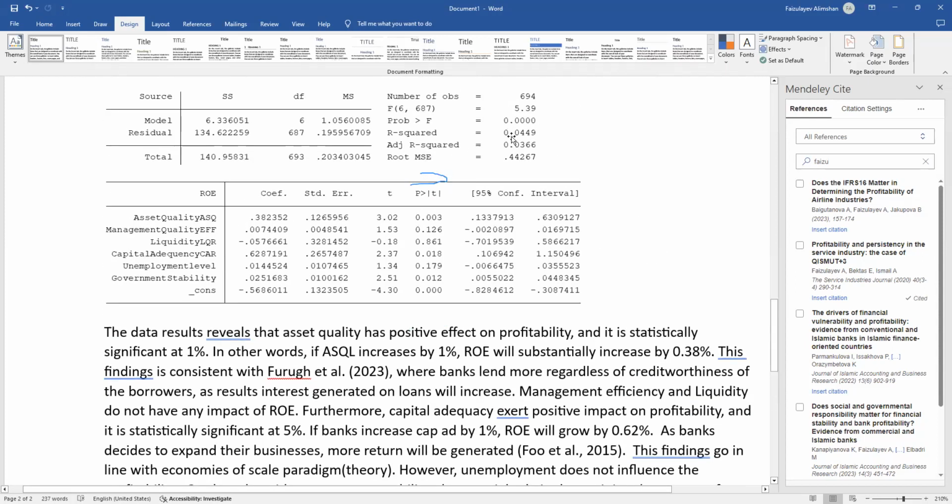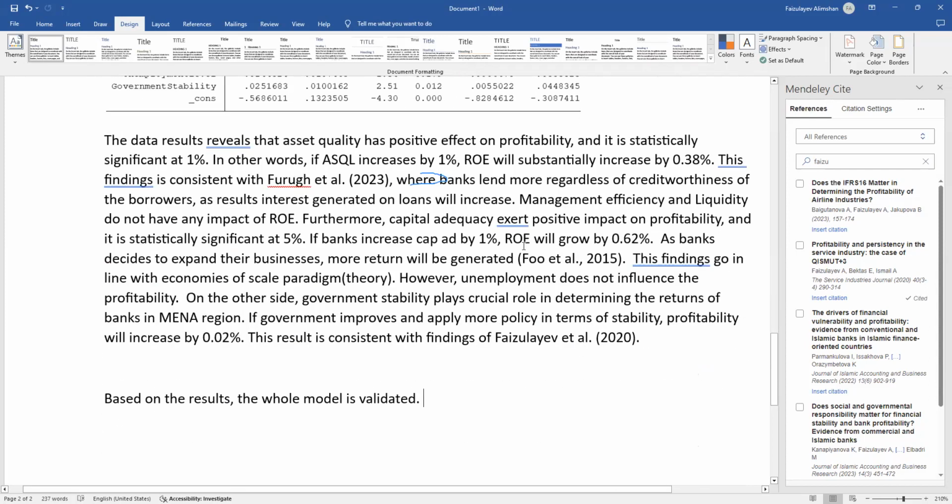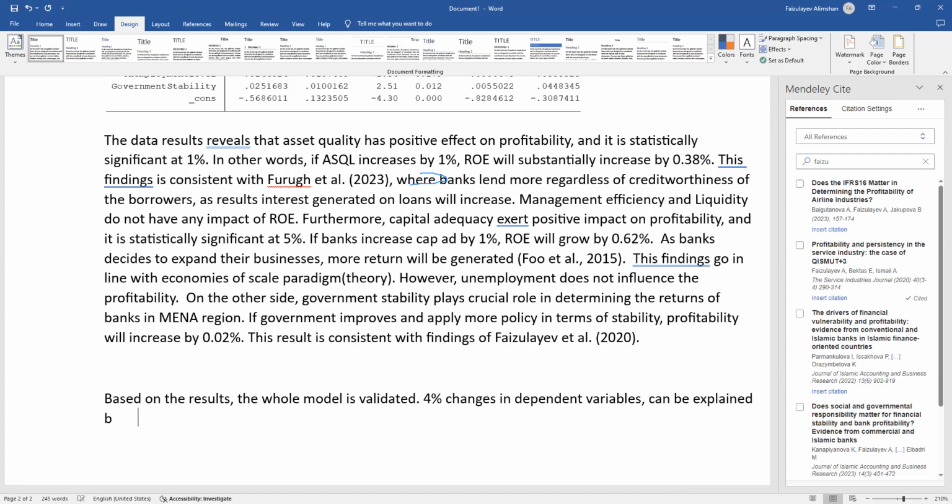And R square, it's like 4% only. 4% changes in dependent variables can be explained by independent variables.